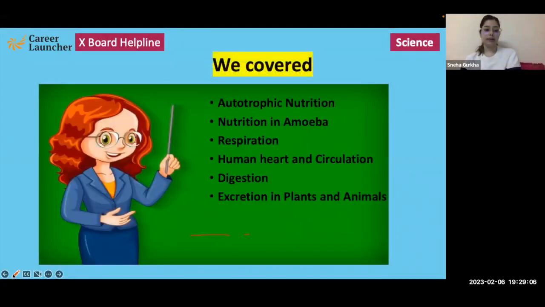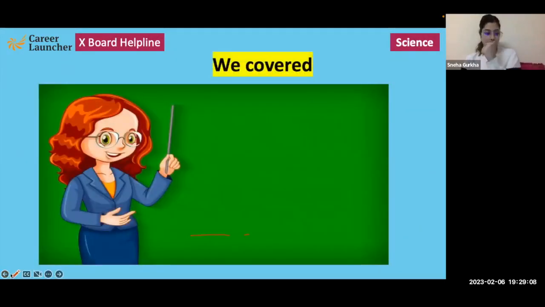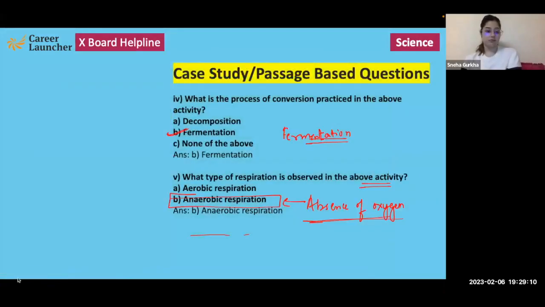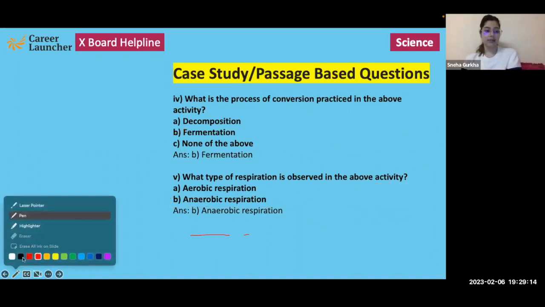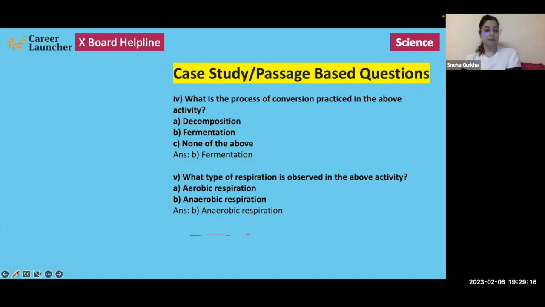So the important things to note in this chapter, if we do a quick recap of the important things that we have to remember.